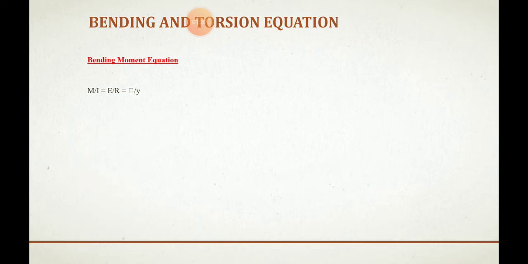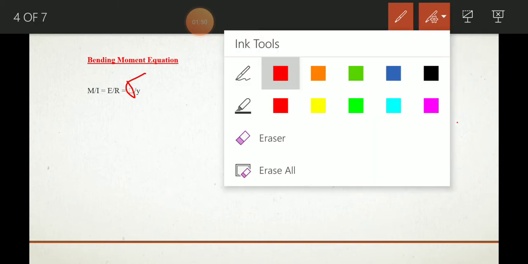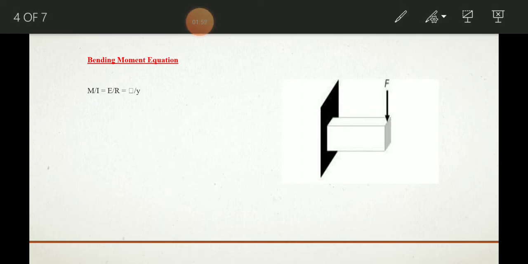Now M by I equals E by R equals sigma by Y. This is the governing equation for bending. Now I have shown one diagram here that will show you what exactly bending means.